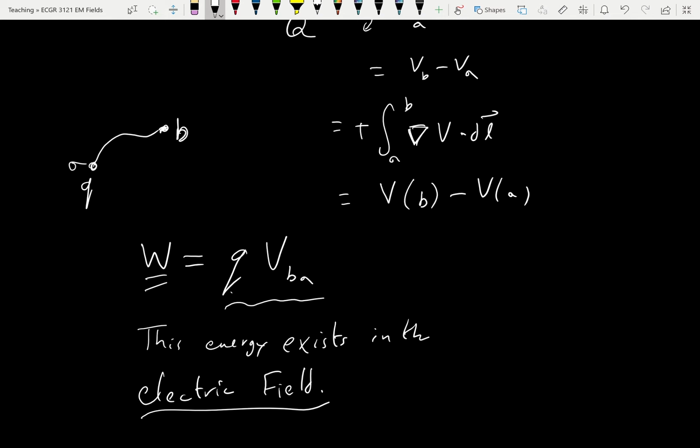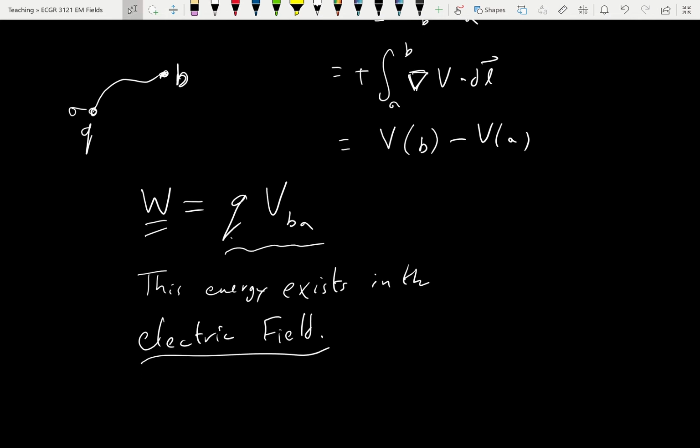I'm claiming that the energy went into the electric field. Kind of like when I compress a spring, the energy went into the coils of the spring. So you could imagine the electric field to be kind of like the coil. So energy is stored in the electric field. This is what we are proclaiming, and we just need to justify it, and we need to quantify it.